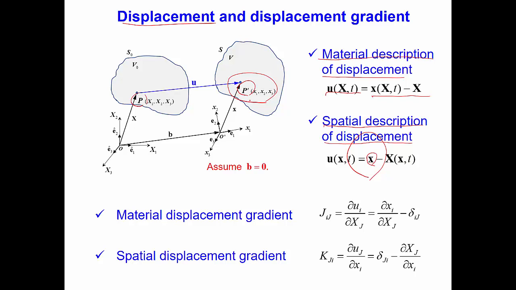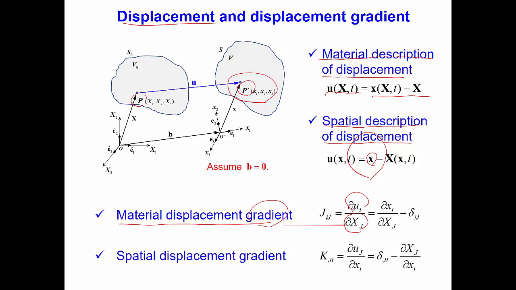And I'm going to define the gradient here. There are of course two ways of describing the gradient. The first one is the material displacement gradient, which is defined by the partial differentiation of the displacement with respect to the material coordinates, the initial coordinates.